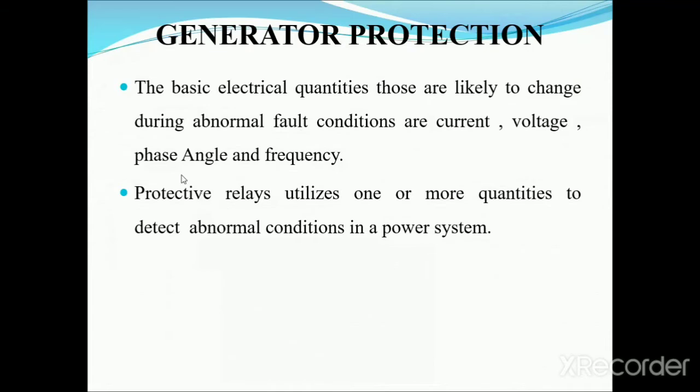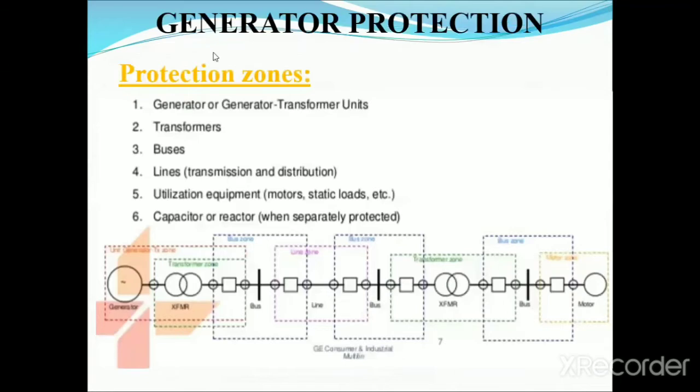By using these protective relays, we detect any abnormal conditions in current, voltage, phase angle and frequencies. In that case we give the protection for that generators. That is the basic introduction for giving the separate protection for that generators.